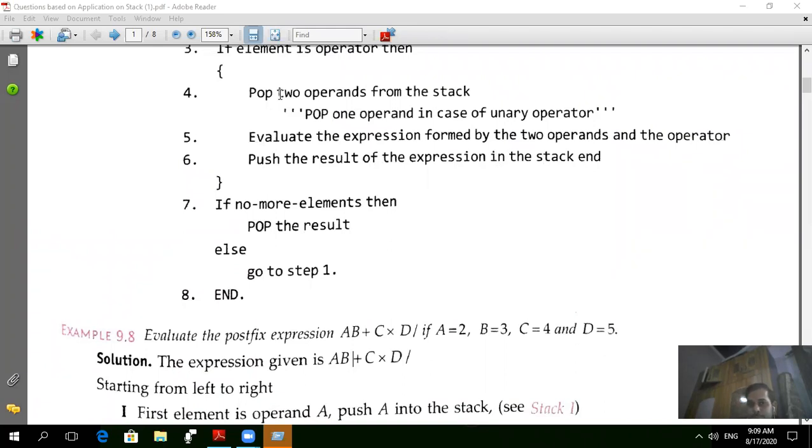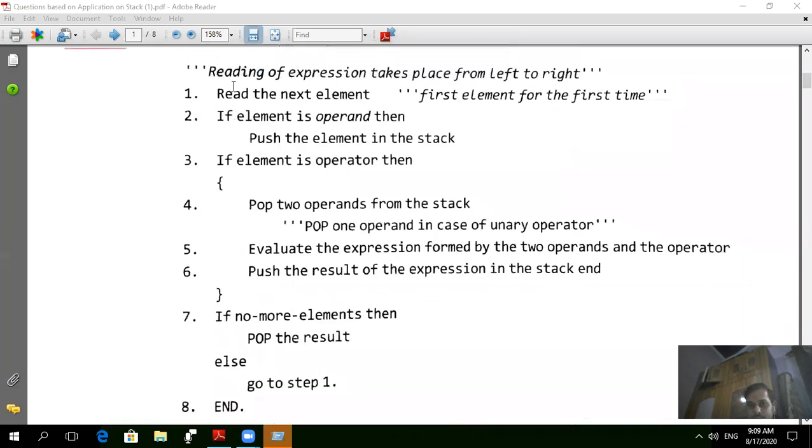So the first step is read the next element, means one by one you have to read each element. Then if the element is an operand, push it onto the stack. If the element is an operator, then pop either one operand or two operands. It depends on the operator.